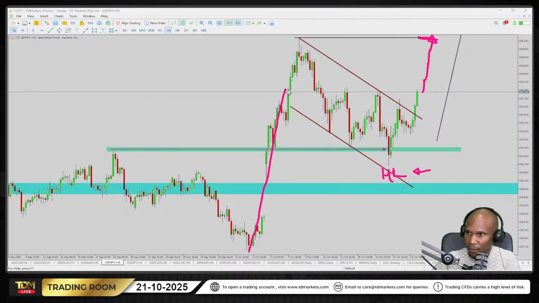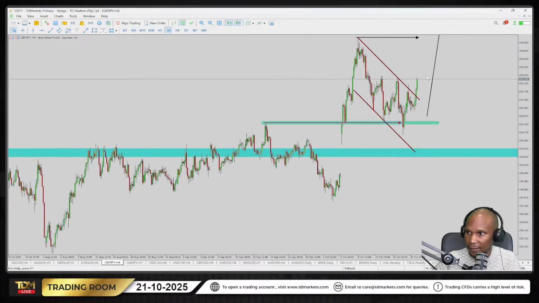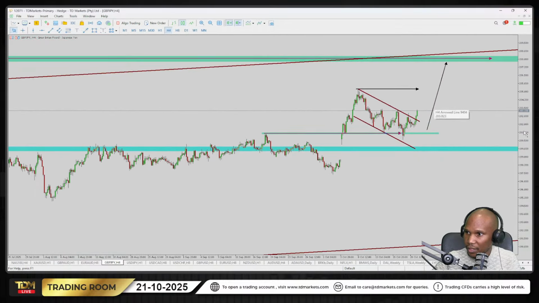You have your impulse, you've got your corrective pattern. So it's just pure structure, following pure structure. All right, so we are bullish on this one. We remain bullish. And this is where we could be going with this, either all the way there or all the way up there. Great opportunity. So you see, we are sticking to the same script.